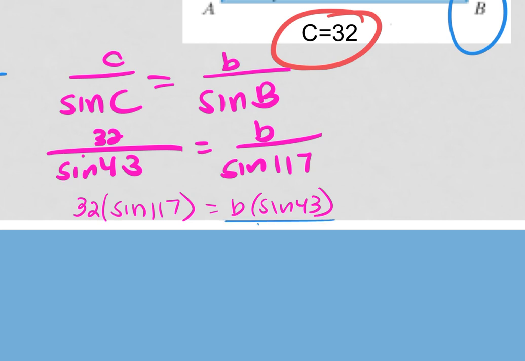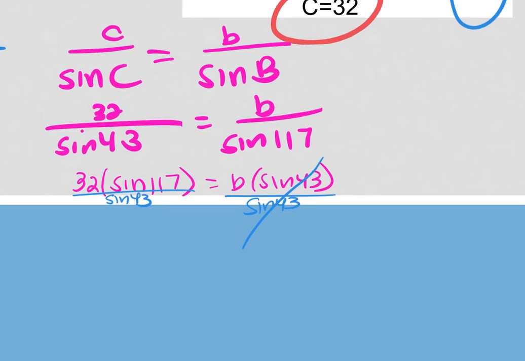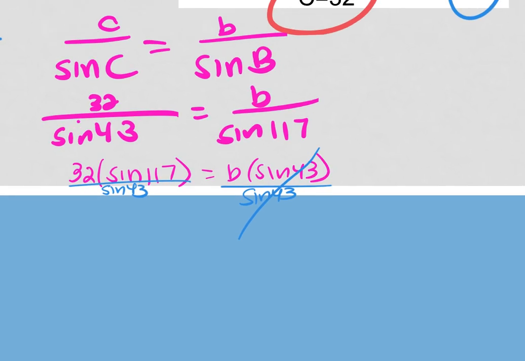And I divide both sides by the sine of 43. So 32 sine 117 divided by sine of 43. And I get 41.806. So B equals 41.81.